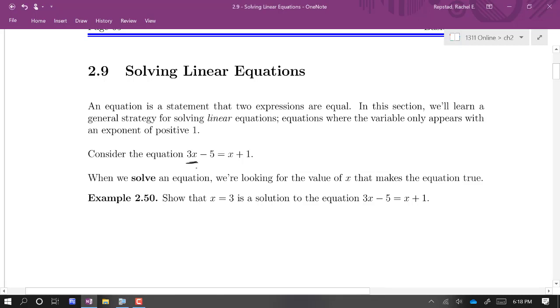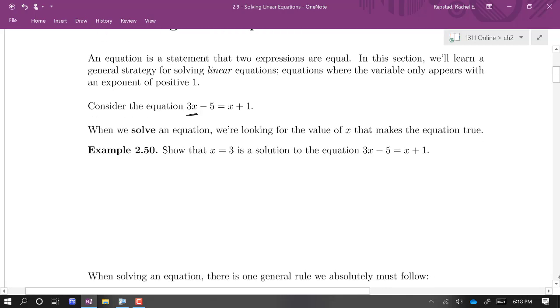And when we solve any equation, we're just looking for the value of x that makes the equation true if we were to plug it in. So, real quick, we can show that x equals 3 is a solution to this equation, 3x minus 5 equals x plus 1, simply by substituting in the value.